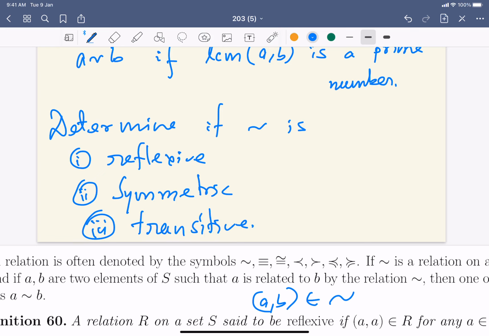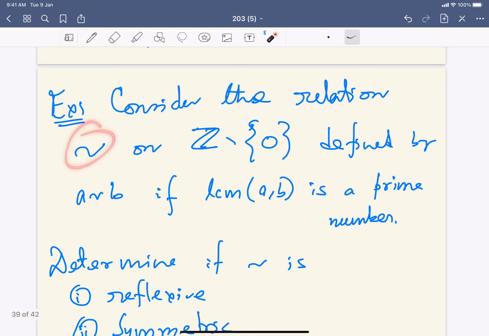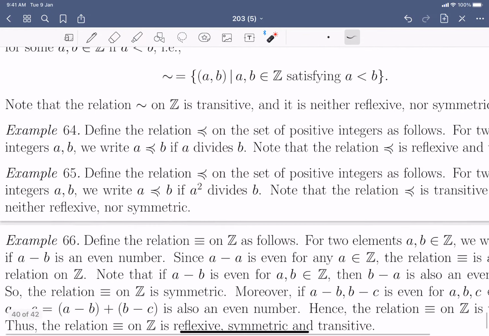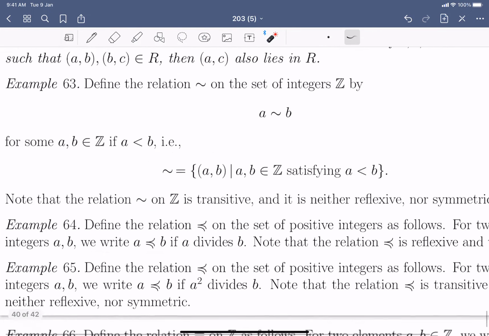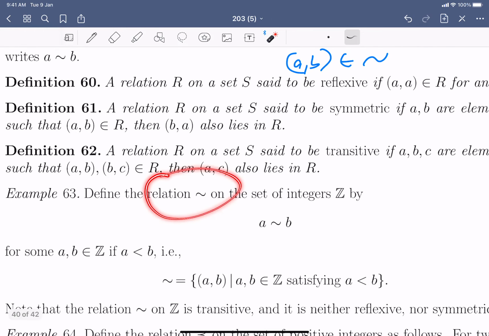Okay, so to determine how many of these three properties this relation tilde has. Okay, this is a well-defined relation. Check that this is well-defined, or convince yourself that this is well-defined. Okay, great. So yeah, here is another relation, quite important.